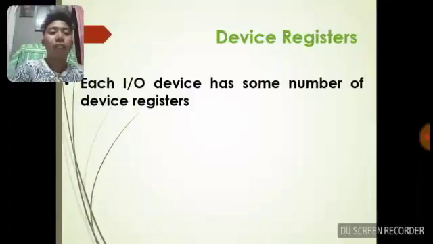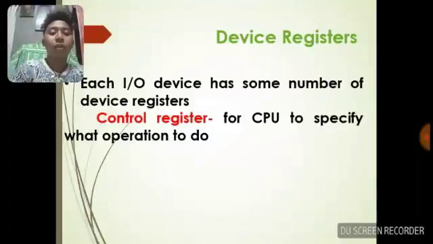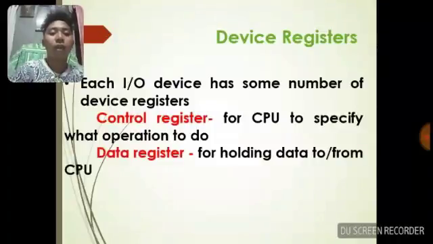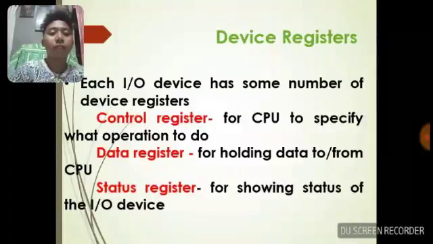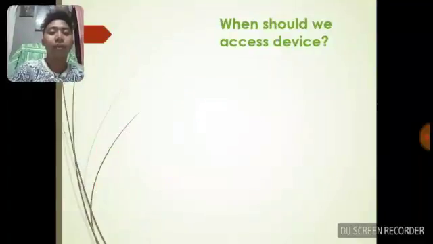Each input-output device has some numbered device registers. Control register for CPU to specify what operation to do. Data register for holding data to and from CPU. Status register for showing status of the input-output device.